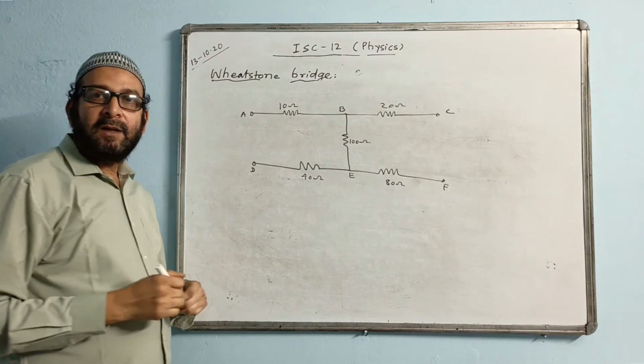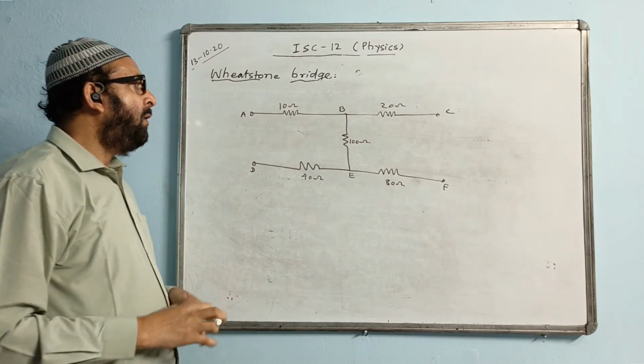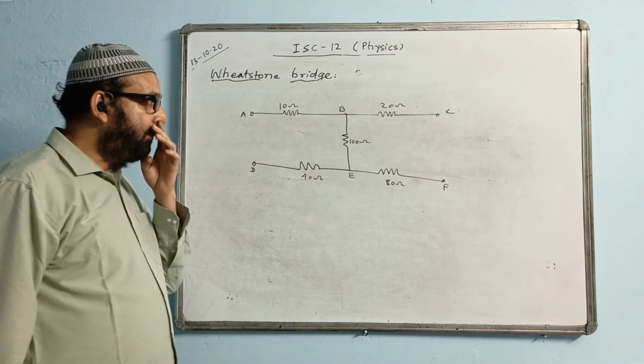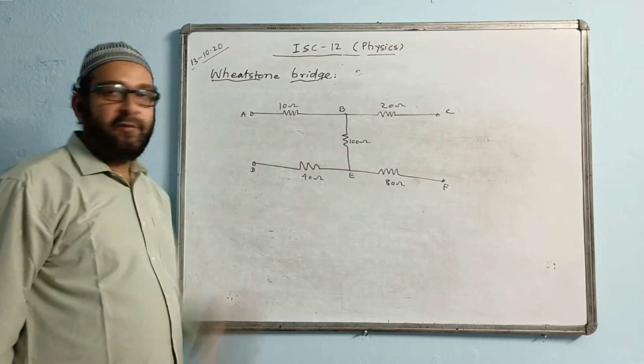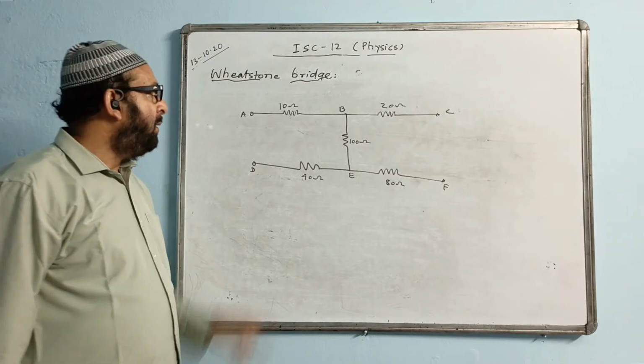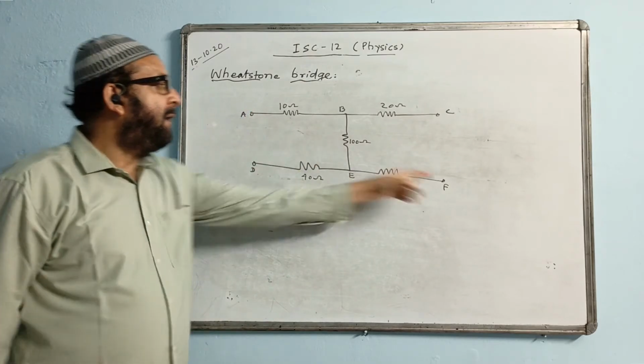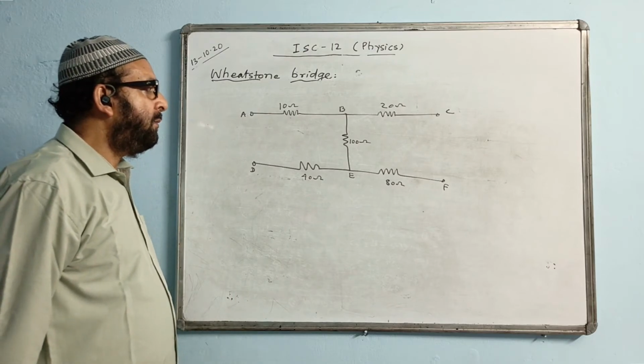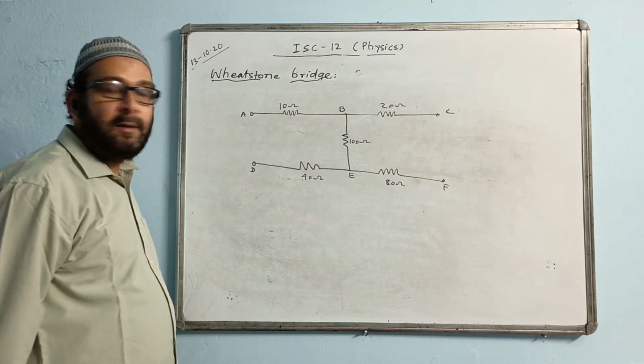One circuit is given like this, and they are asking you to find the total resistance of the circuit between the points A and F. That was the question. Between the points A and F, you have to find the total resistance.